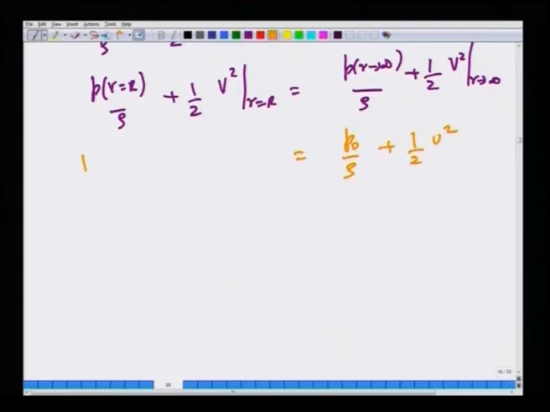And for p at r equals R, which is what we want, plus half v squared at r equals R, this is half times minus 2 u sin theta squared.